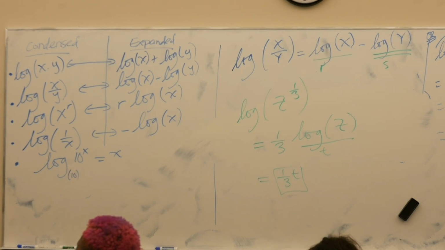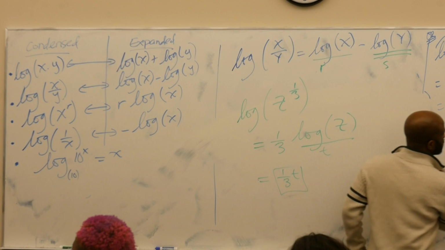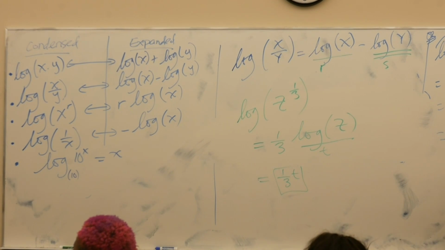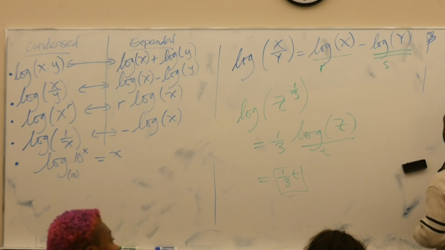What's the operation going on in here? It's a multiplication. So every time I have a bunch of stuff together without any symbol between them, it's a multiplication.